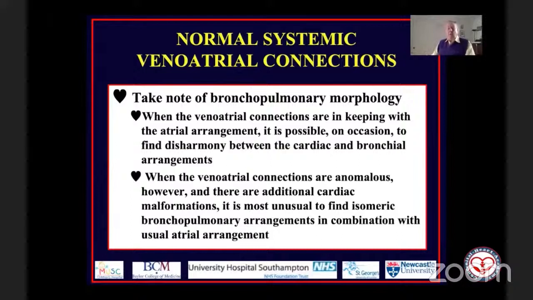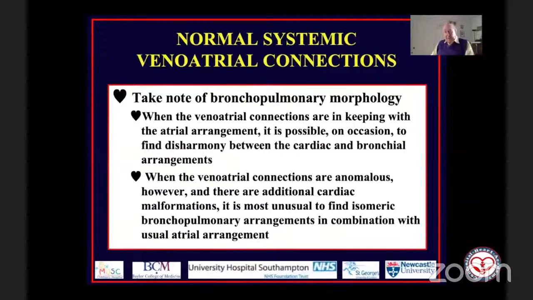But when the veno-atrial connections themselves are anomalous, and there are also malformations within the heart itself, in our experience, it's very rare to find disharmony between what is going on with the bronchopulmonary arrangement and what is going on with the atrial appendages. So that is why, for you as clinicians nowadays, you should always take note of the bronchial arrangement.